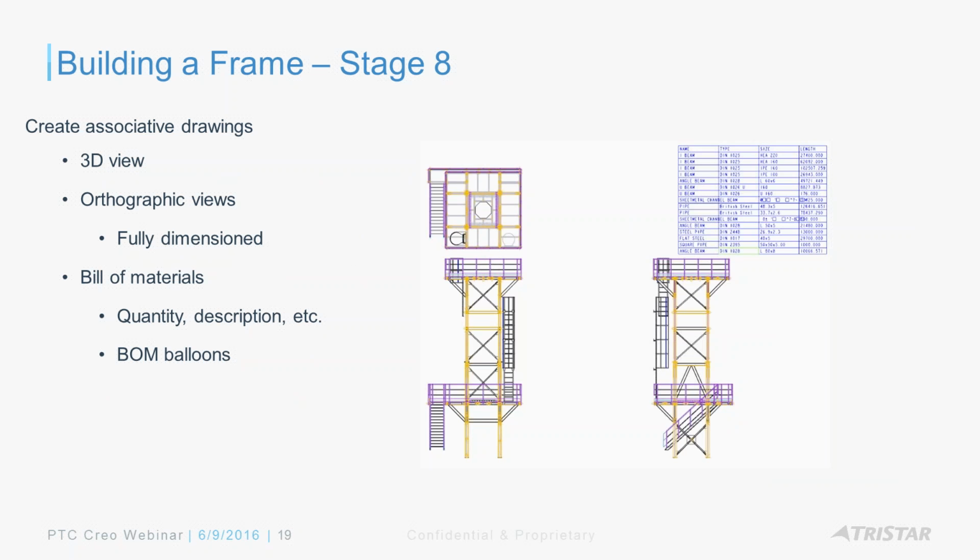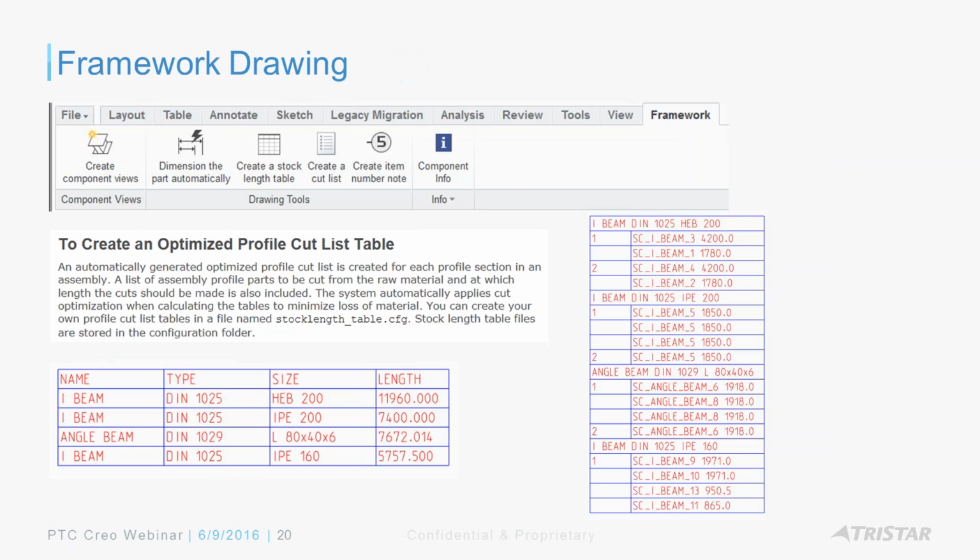And the last stage is creating a 2D drawing with the views, the bill of material table, and balloons. One thing that's quite important while we are in the drawing is creating the stock length table, the cut list table. I'm not going to create a repeat region, and I don't even have to do that. It's automated.